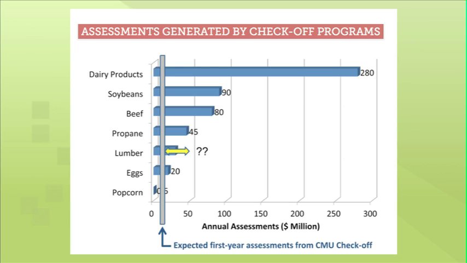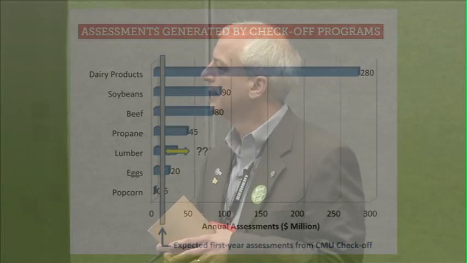Okay, so if we're at a penny a block, the question is how many resources does that provide to our industry to support the promotion, education, and research that we're planning for this program. Currently we're under 1 billion block sold in the United States.